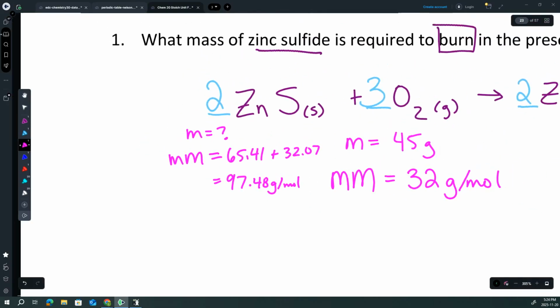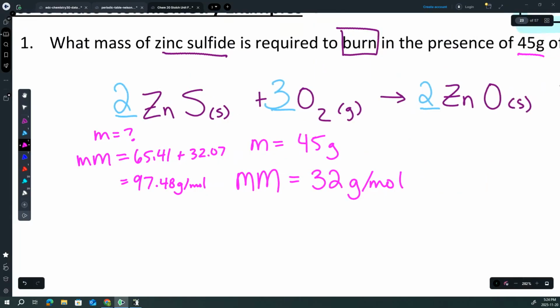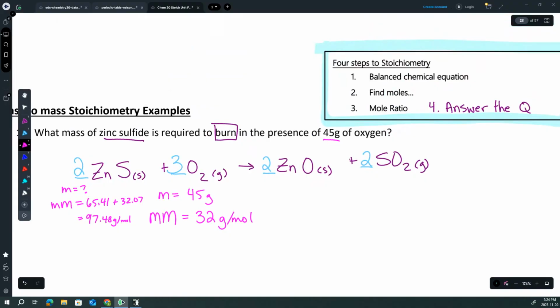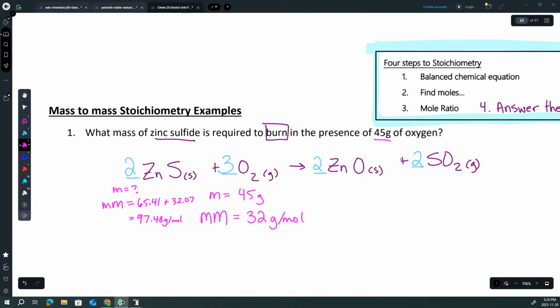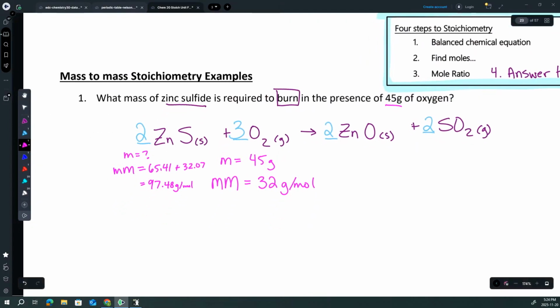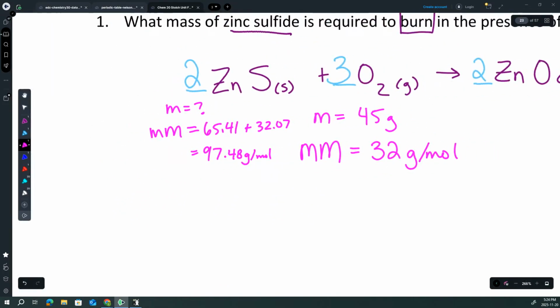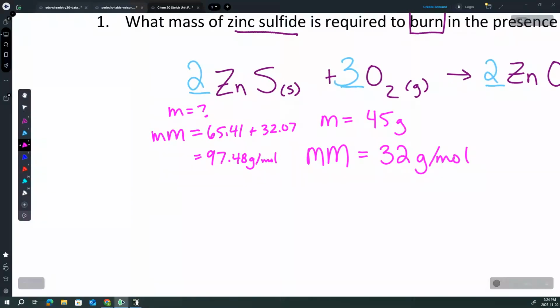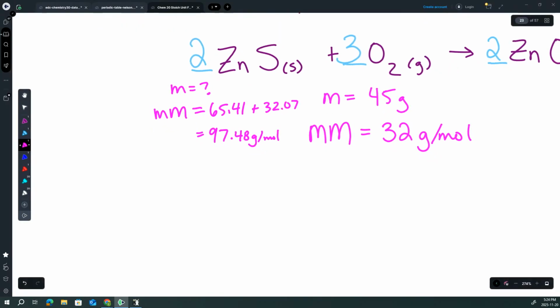Alrighty. So let's start off with our given substance, and in step number 2, we're going to figure out how many moles of this given substance, or how many moles of oxygen, we have. When I say given substance, I mean the substance that you're given the most information for. As a quick reminder for our formula, mass is equal to moles times molar mass.